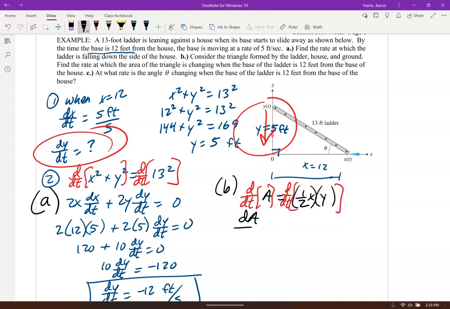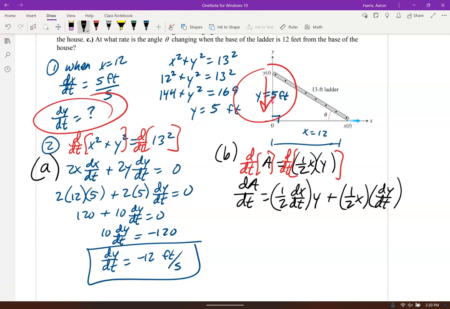So I'll have dA dt, derivative of the first, 1/2. Don't forget dx dt, derivative of the first times the second plus the first, derivative of the second. Well, the derivative of y is just a 1 dy dt. And we're trying to find this dA dt.